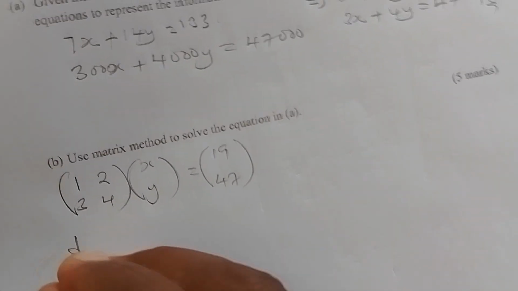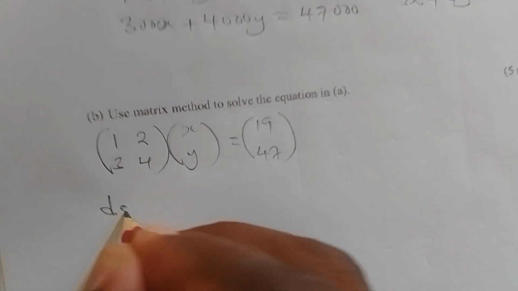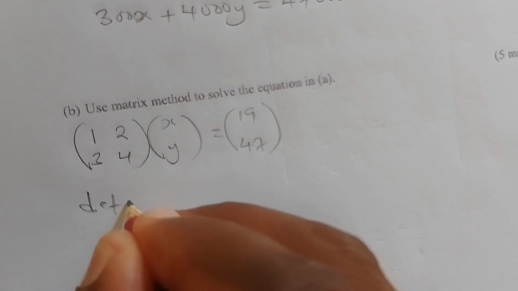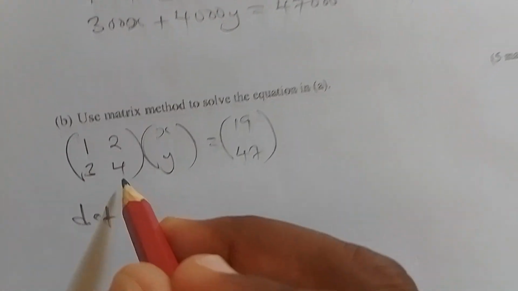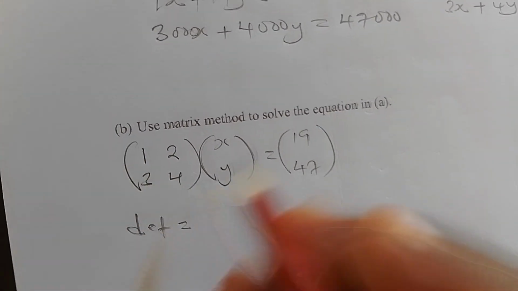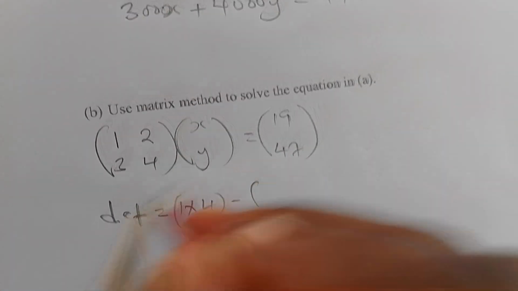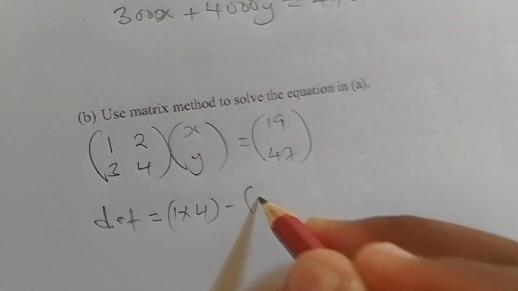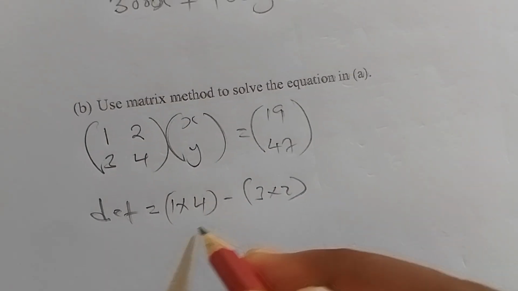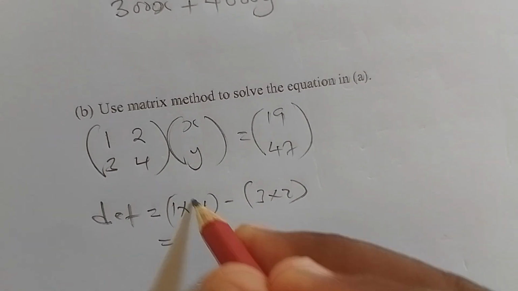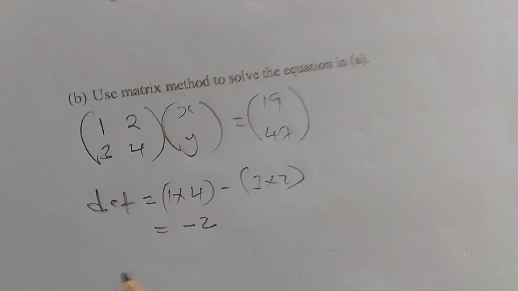So how do we find the determinant, learners? The determinant of this matrix is given by the product of the elements in the leading diagonal, 1 times 4, then minus the product of the elements in the minor diagonal, 3 times 2. So this will give us 4 minus 6, that is minus 2.